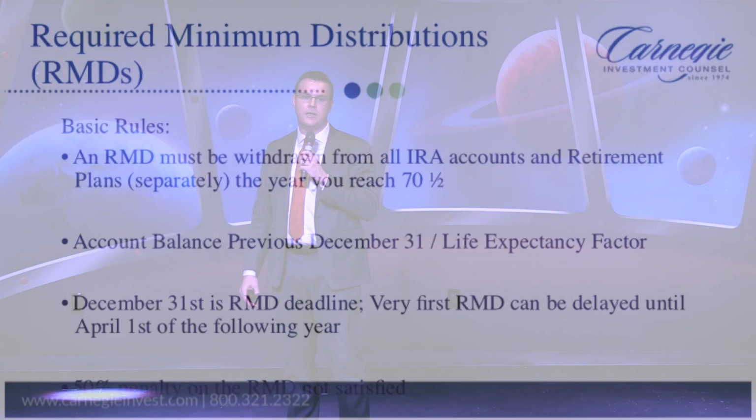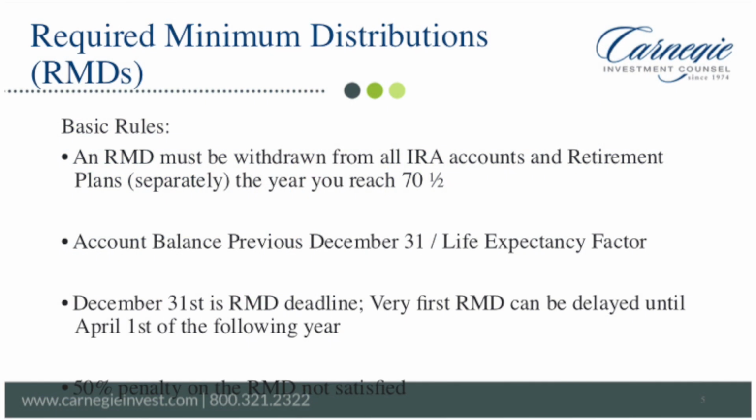It's pretty straightforward. You take the balance of the account on December 31st of the prior year, and you divide that by the appropriate life expectancy factor. It's a life expectancy factor that the IRS determines, and basically how long you're going to live.